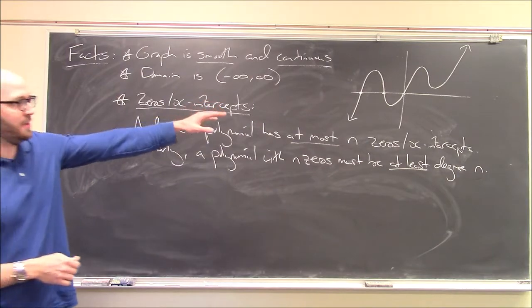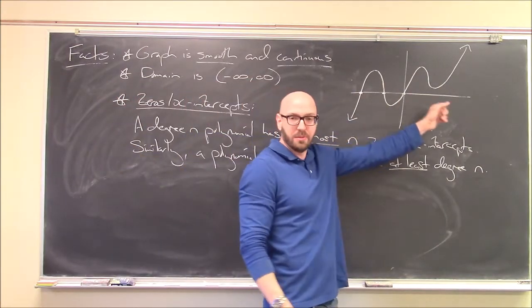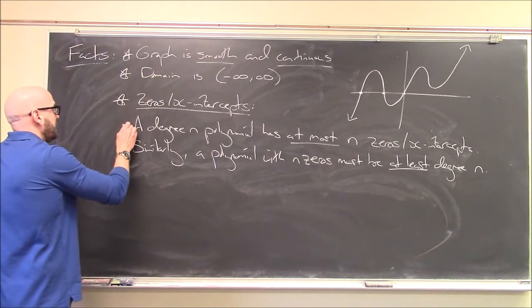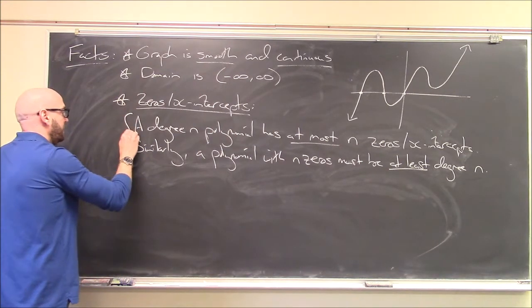So this is what I'm saying up here. This has 3 zeros, so it must be at least degree 3 by the same logic. And in fact, I can strengthen all of this.